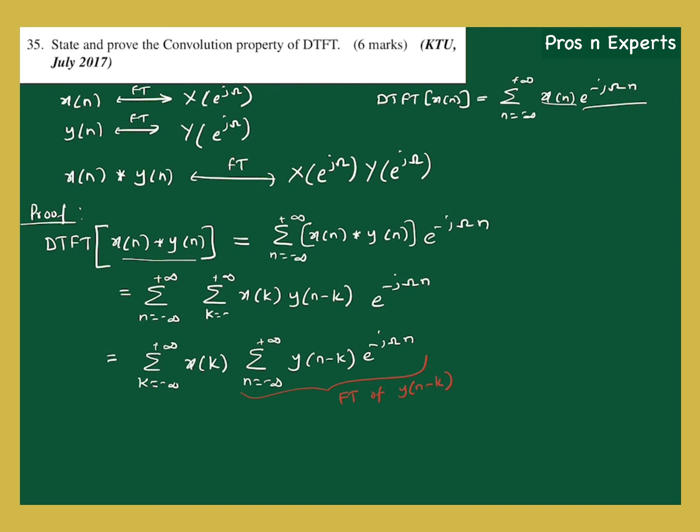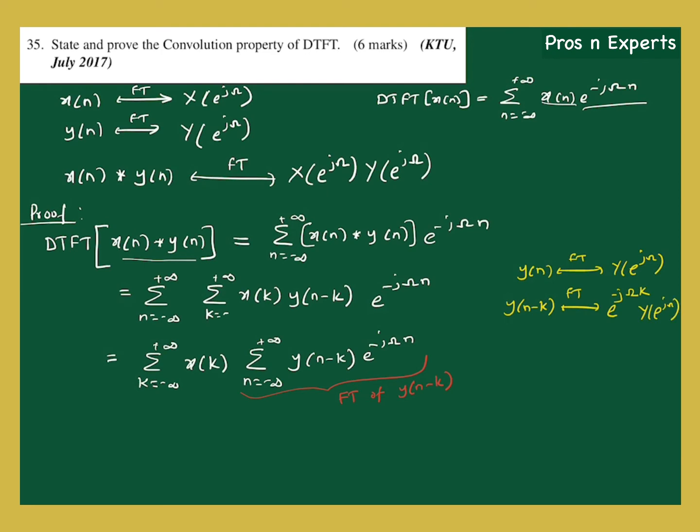Okay, and what is that? You know the property of Fourier transform. If y of n has a Fourier transform Y of e raised to j omega, then y of n minus k, the time shifted signal, will have a Fourier transform e raised to minus j omega k times Y of e raised to j omega, right?